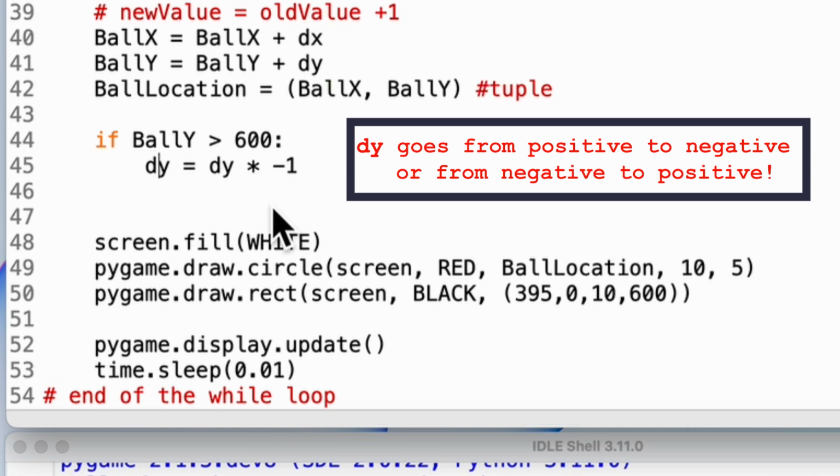So in other words, if it's 1, then 1 times minus 1 is going to be minus 1. And if it's minus 1, then two negatives multiplied together make a positive. So if it's negative 1, it's going to become positive 1. If it's positive 1, it's going to become negative 1. Okay? You may have to pause the video and just think about that a little bit, or maybe just watch some more of this because I'm going to be massaging this little bit of code here to make it even a little bit more clear.